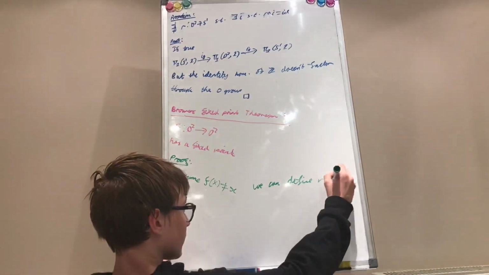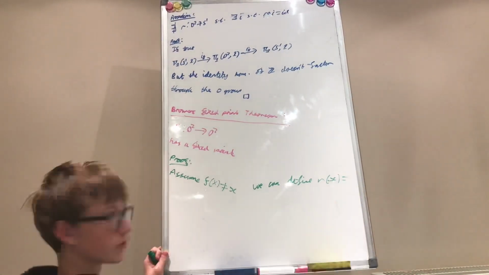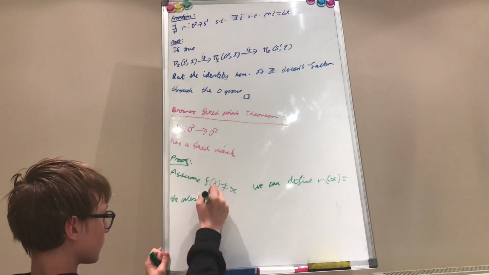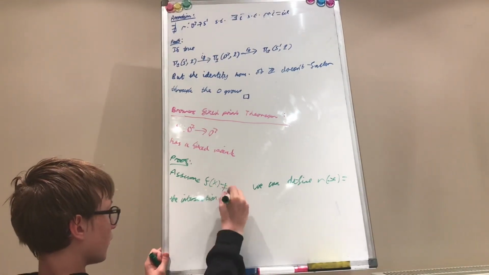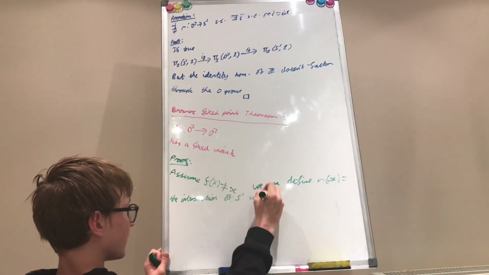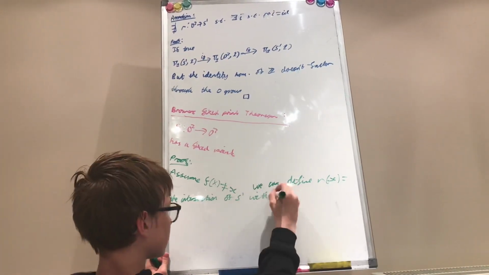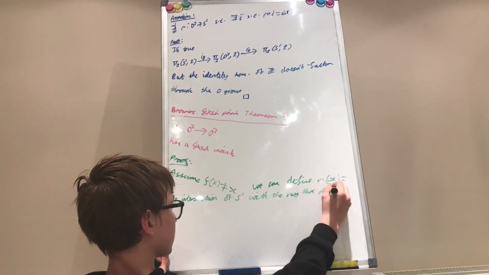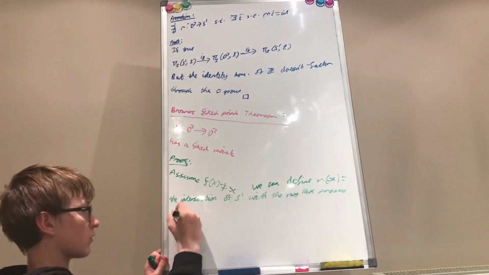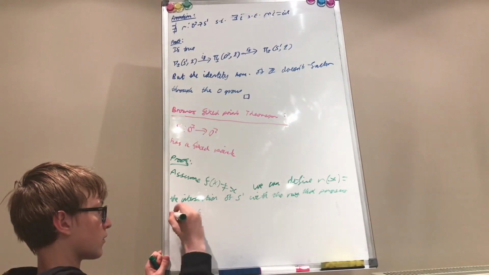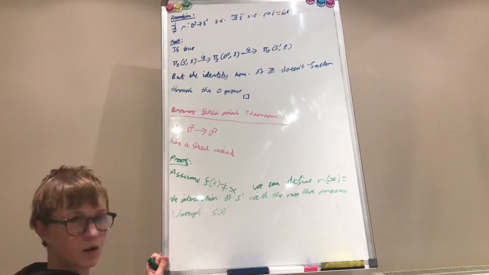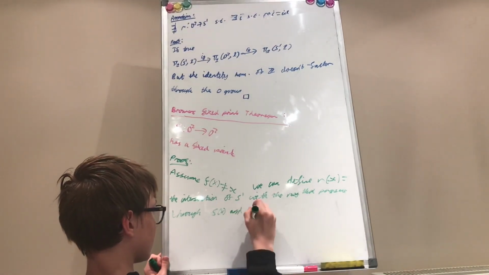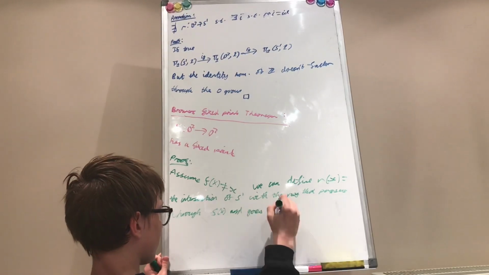Okay? Now we can define r of x to be the intersection of the 1-sphere with the ray that passes through f of x and goes to x.